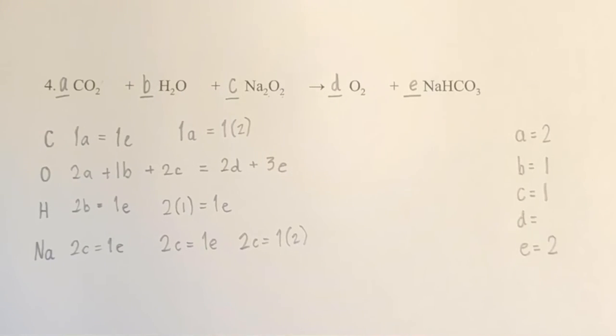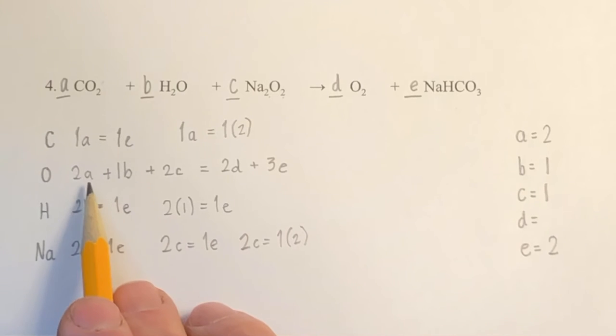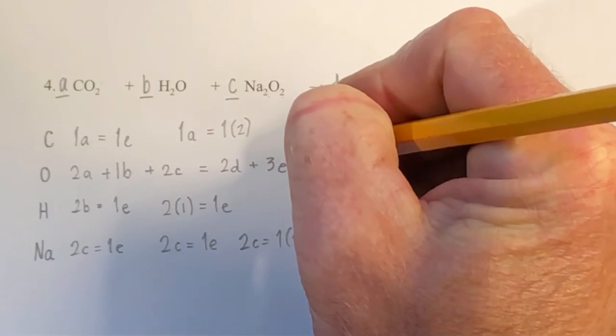So I've established, based on the assumption that b is a 1, that a has to be a 2, c has to be a 1, and e has to be a 2. I can take all of those and insert them into the equation for oxygen that has a, b, c, d, and e, and use that to solve for d.